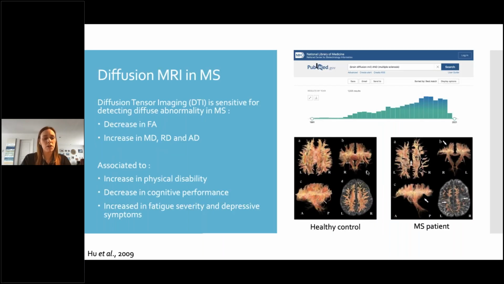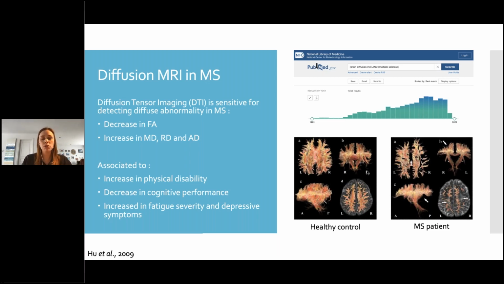So diffusion MRI is increasingly used to study microstructural changes caused by MS in the brain. Diffusion Tensor Imaging, or DTI, has shown high sensitivity in detecting abnormalities in focal MS lesions. Also, it has high sensitivity for normal appearing white matter and also for gray matter.